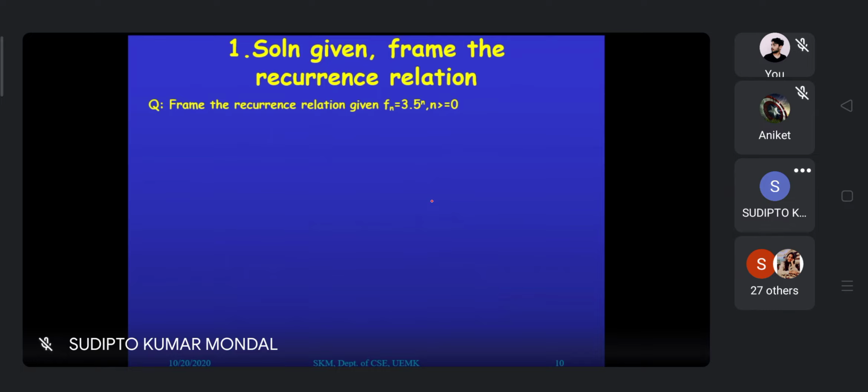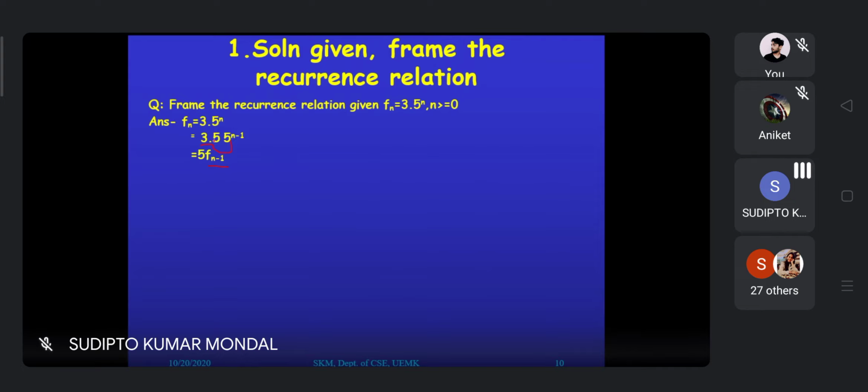Take this one: Fn equals 3 into 5 to the power n. Is it a solution? Yes, it's a solution. It is asking us to frame the recurrence relation. Let me make it clear how we are framing it. In 3 into 5 to the power n, the 5 to the power n term we write as 5 into 5 to the power n minus 1. Then 3 into 5 to the power n minus 1 we represent as Fn minus 1.